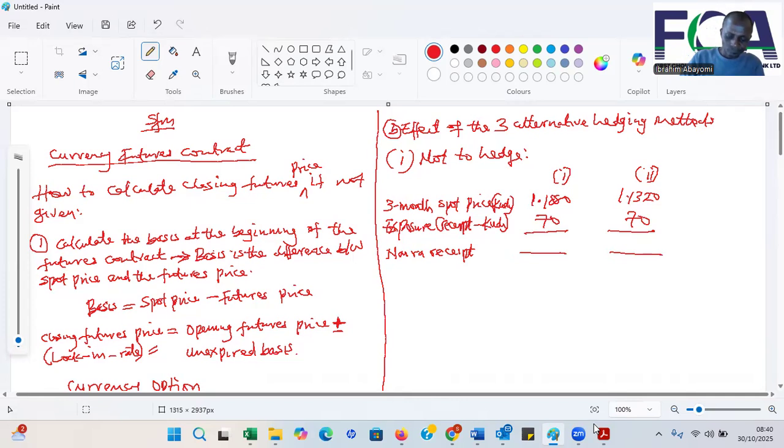We have 70 divided by 1.188, 58.922 million. 70 divided by 1.132, 61.837 million.